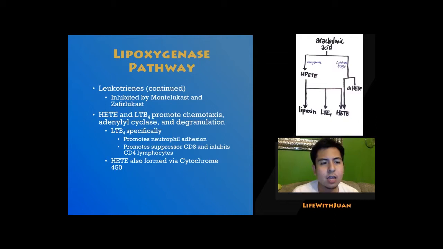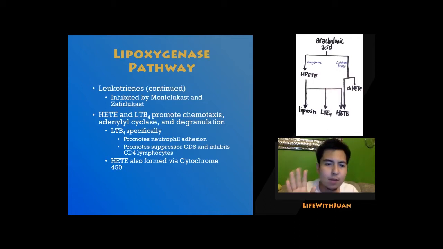Then finally, HETE and leukotriene B4. These promote chemotaxis, adenylyl cyclase, and degranulation of lymphocytes and leukocytes. So LTB4 specifically promotes neutrophil adhesion and promotes suppressor CD8 and inhibits CD4 lymphocytes. So CD8 suppressor is essentially a regulator of inflammation.